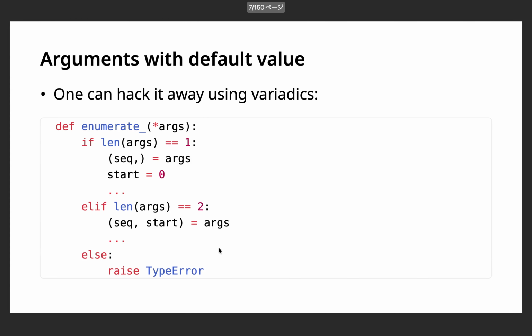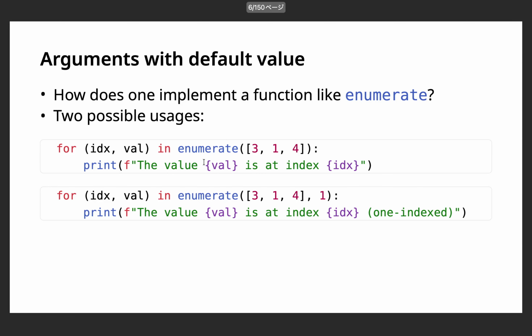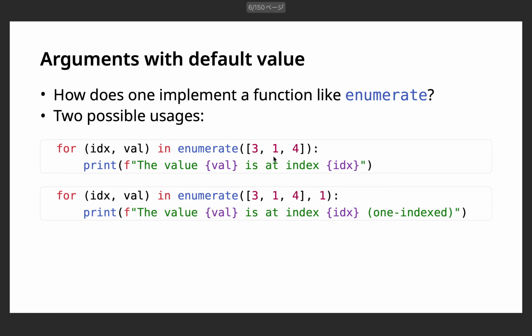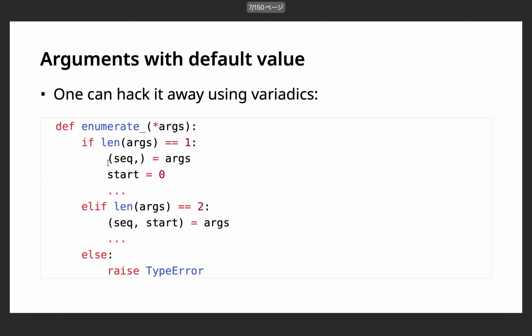So this does work if you want to make enumerate work like this and like this, but hopefully you'll think that this implementation here is kind of ugly. If you wanted your function to support more arguments, for example at least 3 or something, then this would get even worse.